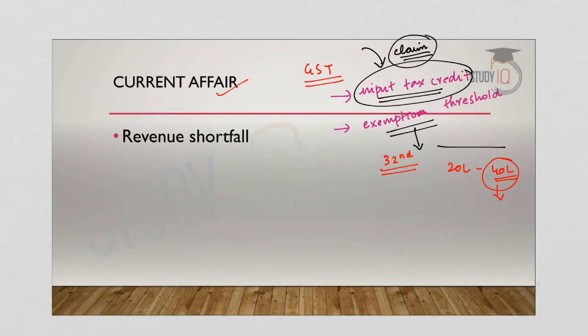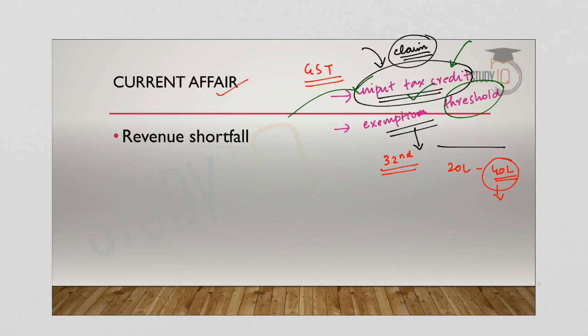And the current affair is that there are inflated input tax claims. That means manufacturers or businesses show inflated input tax credit, claiming more money from the government. And secondly, the exemption threshold is being manipulated. That means they show their turnover below the threshold so that they need not register with the GST.